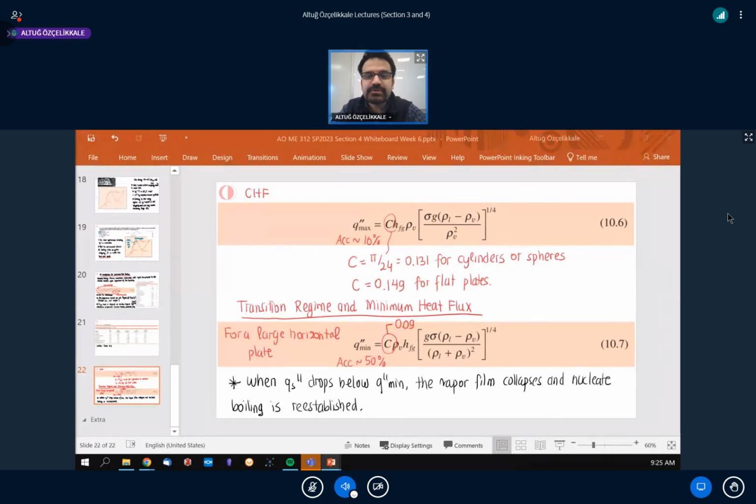Okay, so there are a couple of questions before I move on with film boiling. Generally asking, is there a specific numerical criterion for us to decide that the boiling type is nucleate boiling? A good question. So for water, yes, and that's based on the boiling curve. If you look at the boiling curve, you are going to be able to tell for which temperature range or what kind of heat flux ranges you are going to be obtaining nucleate boiling.